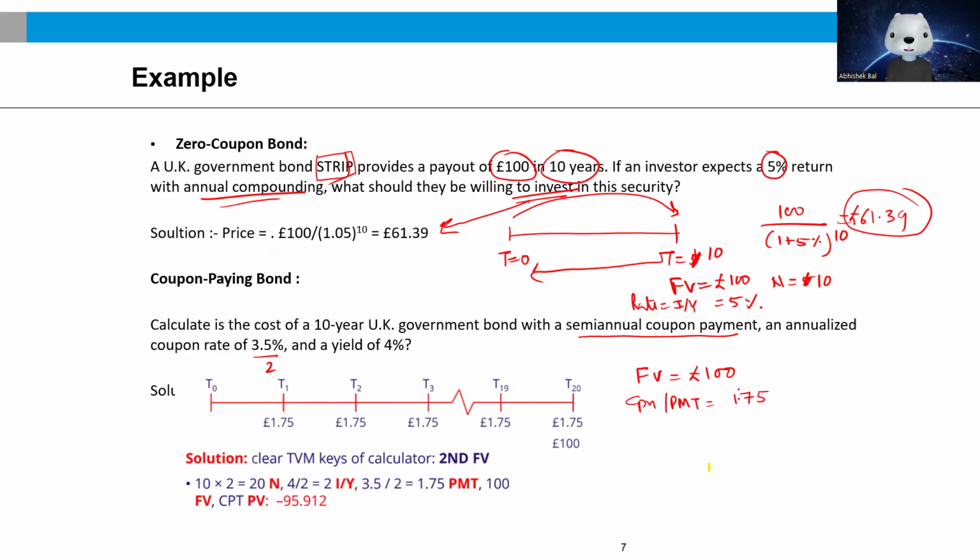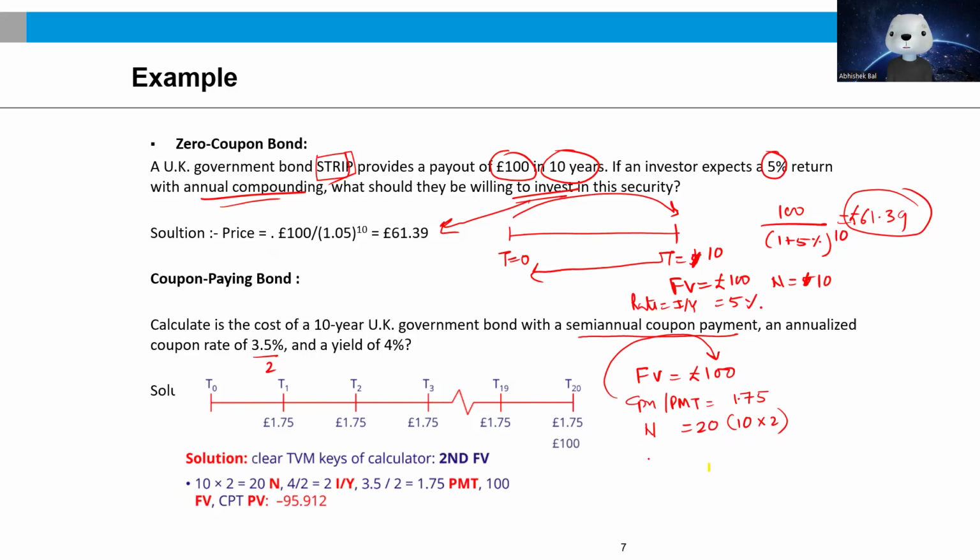So 1.75% of £100 face value. Always do remember that the coupons of a bond are always calculated on the face value of the security. So it's going to be £1.75. The number of periods, as you would already know, is going to be 20. How is it so? Because it is 10 years and every 6 months you're getting a coupon. So there are 20 coupon paying periods.